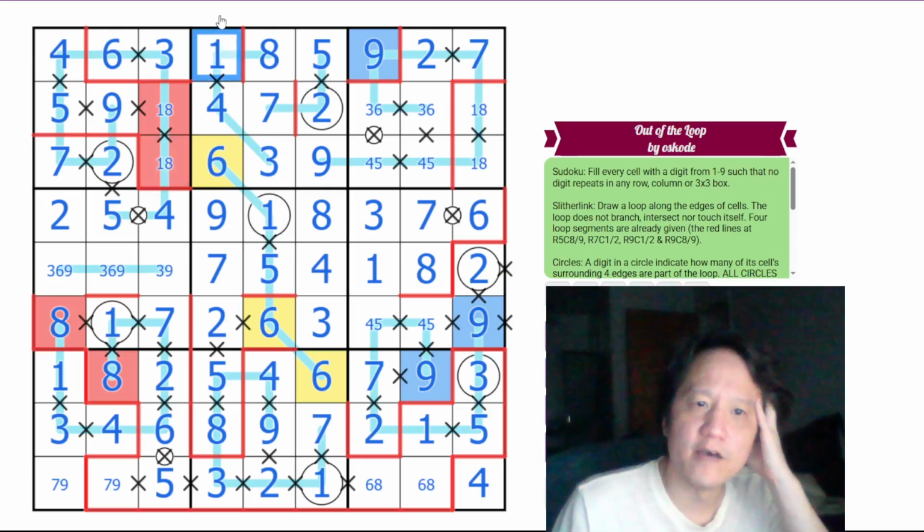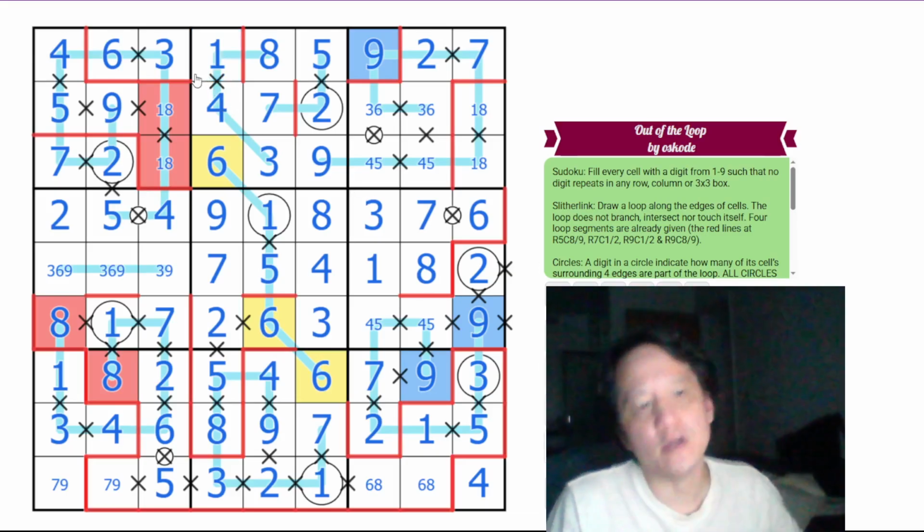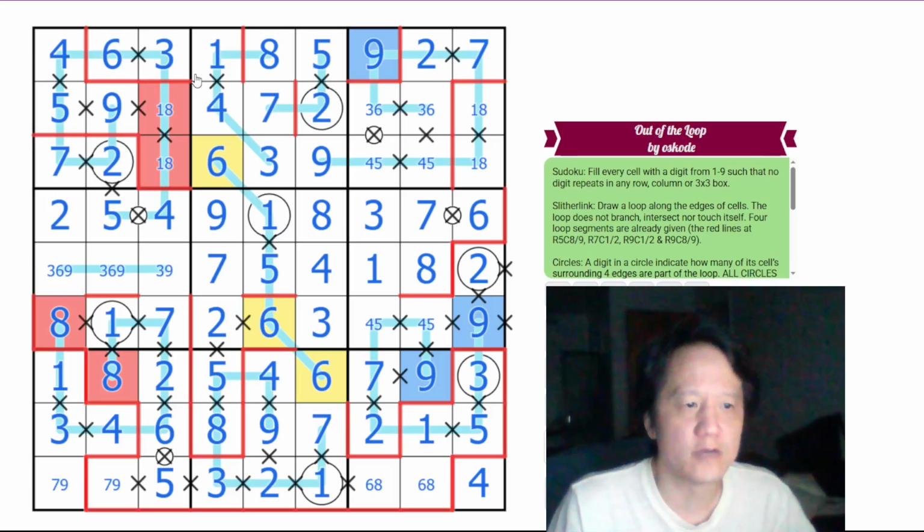This has to have one of these cells be a slither link, at least. Can it ever be one without the other is the question. If it goes this way, so say you have a slither link here, it cannot go back here, so it would have to go here. So that means this is always a slither link.